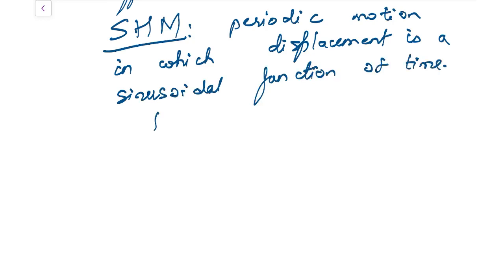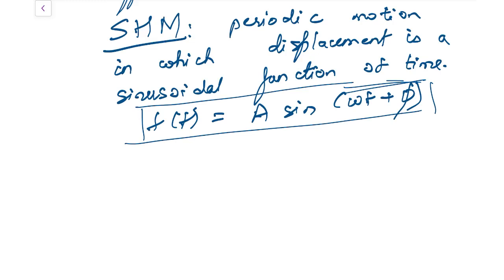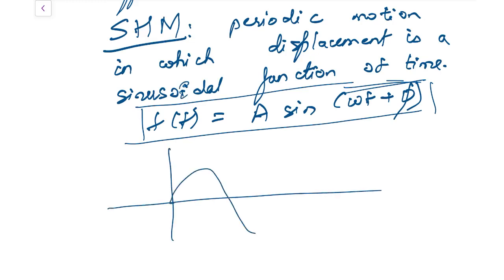Like the equation we saw in our previous case, if it is a sin(omega t plus phi), this is your equation of SHM. Sinusoidal might be a new fancy term for it. It just means it varies like a sine wave. So it will look something like this.